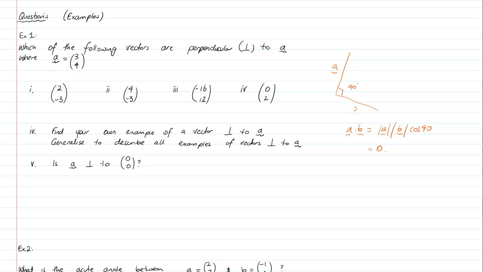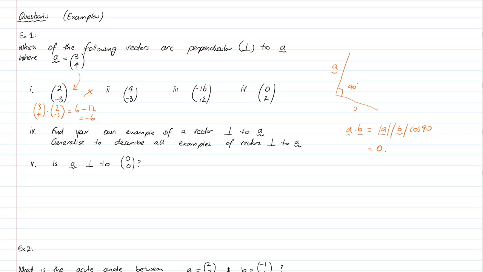So we ask ourselves, does A dot (2, negative 3) equal 0? Well, I'll do the long working for this one. (3, 4) dot (2, negative 3) is equal to 6 minus 12, which equals negative 6. So that one's out.